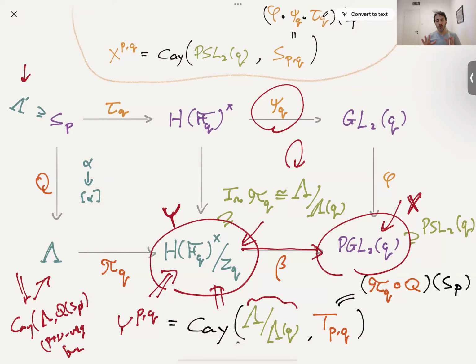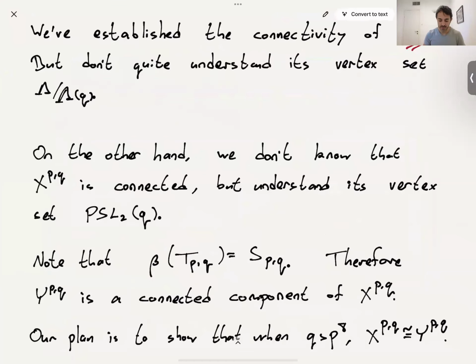But generally speaking, we don't yet understand the vertex set of Y, and we do understand the vertex set of X. It's just a PSLQ. So we know something about X and we know something about Y, and there are some things we don't know. We know Y is connected, but X is not connected. And we want to play these two constructions against each other so that we can fill the gaps.